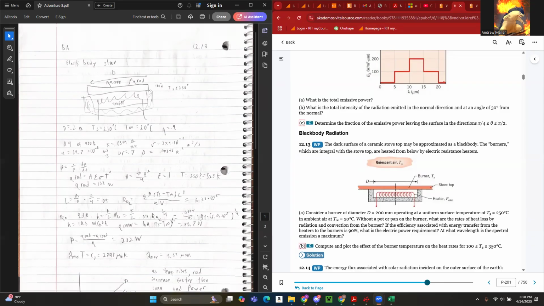Then for the next part, we plug the temperature 250 into Wien's law: the wavelength of maximum emission times the temperature is equal to the constant C3, which is 2898 micrometers Kelvin. This gives us a maximum emission wavelength of 5.5 micrometers.